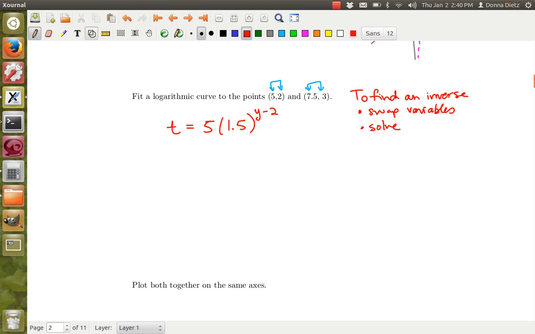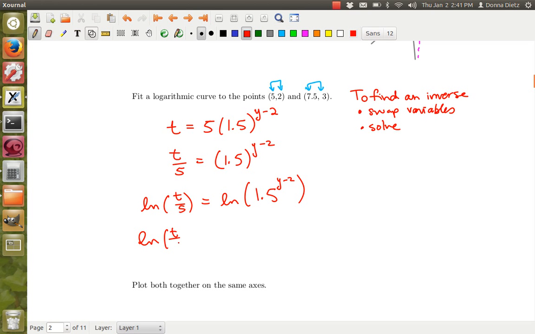It's pretty easy. So we've got to isolate that y somehow. First we divide by 5 on both sides. Then I'll take the natural log of both sides. That's the important thing. I'm going to do this out longhand just for the sake of being complete, but that step you could skip.